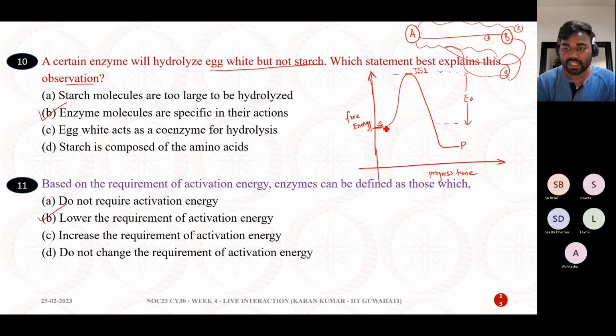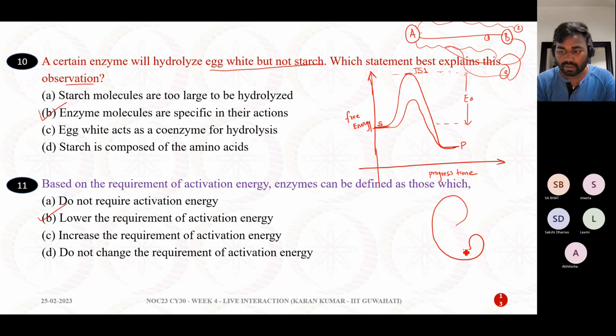But what it will change is that it will guide the substrate to go to the shorter path and reach the product level. And how do they do it? They do this by giving proximity for substrate collision.